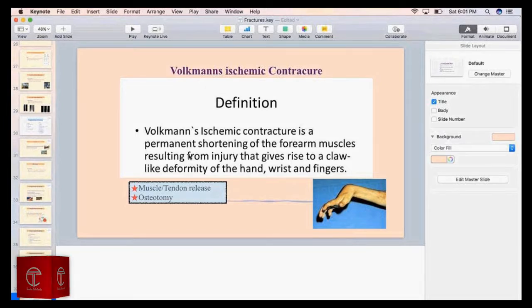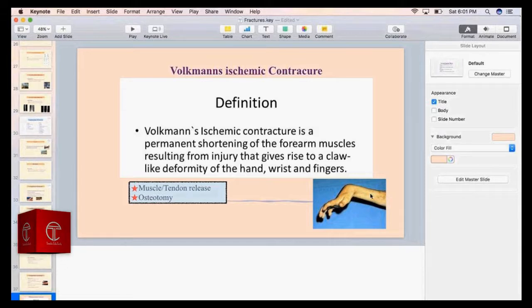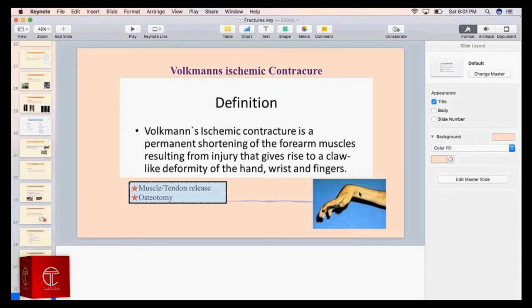And in Volkmann ischemic contracture, apart from the clawing of all the fingers, you can see the flexion contracture of the wrist, and sometimes if the pronator group is involved, there will be pronation deformity. And if the flexor group of muscles is involved, there will be fibrosis and shortening or contracture of this muscle, and the effective length of this muscle is shortened.